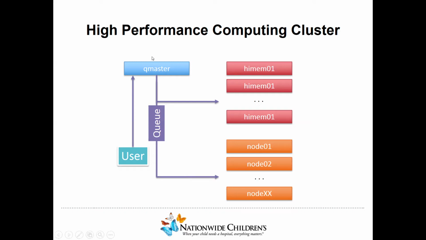This QMaster is sort of the bottleneck to the computing cluster. If too many people just did things in this node, it would make it really hard for everybody to use the resources. So that's one key thing, and I'll show those steps in a few minutes about how you log in to a node to give us an example.